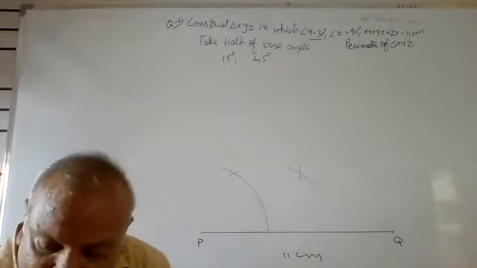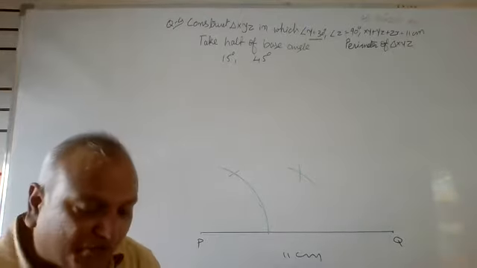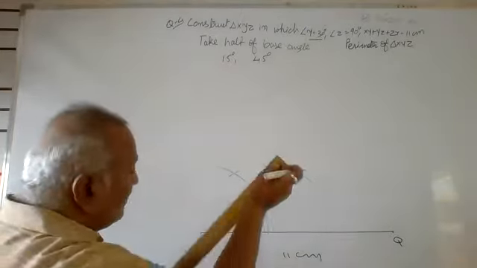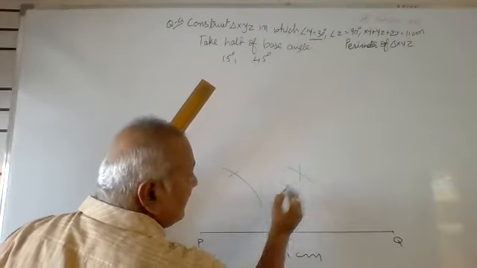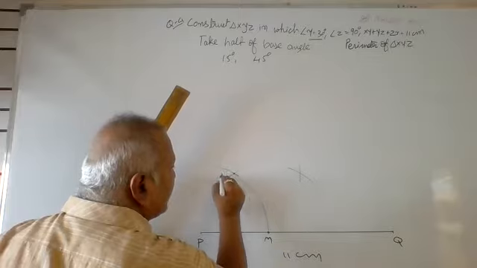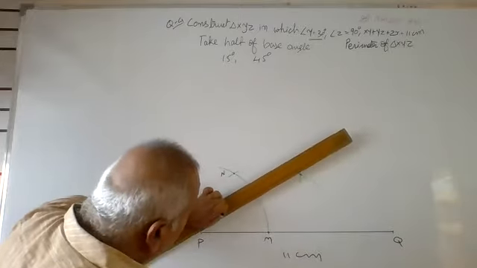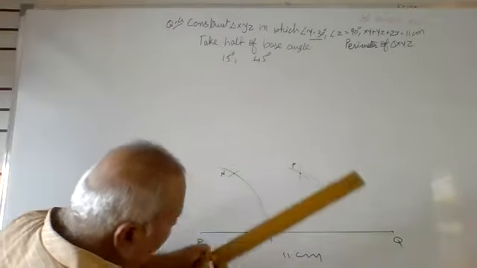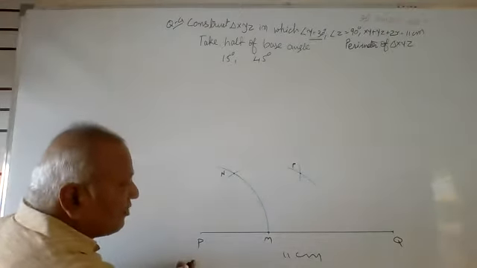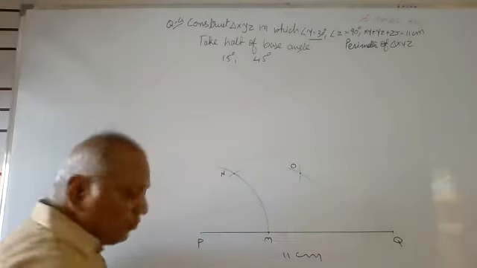Now we should get a point on that semicircle arc for constructing. We can say M, N. P is already given, so here I will get O.